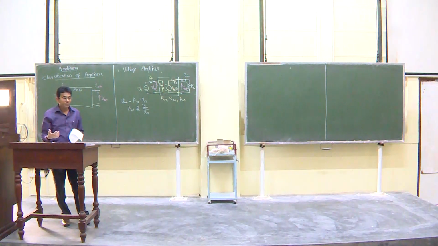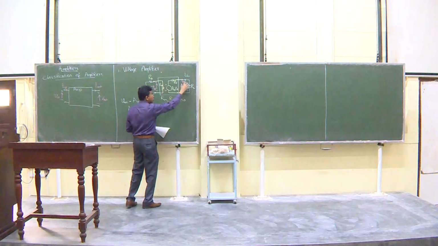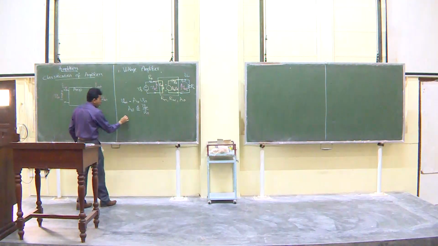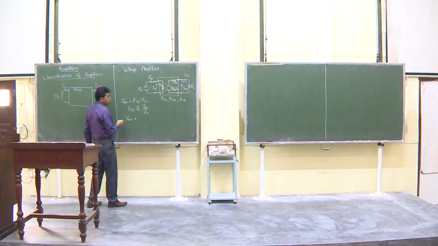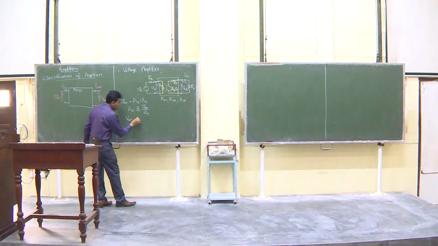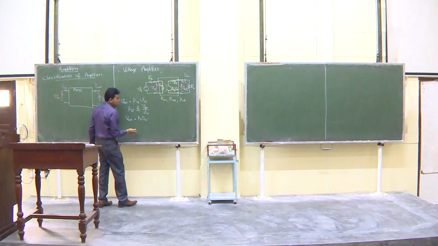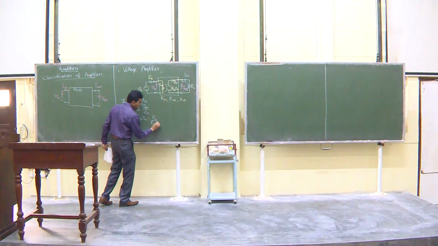It's a voltage divider circuit. AV times V in is divided between these two resistors in their resistor ratio. So V out, when connected to this circuit, becomes AV times V in times RL over RL plus R out.